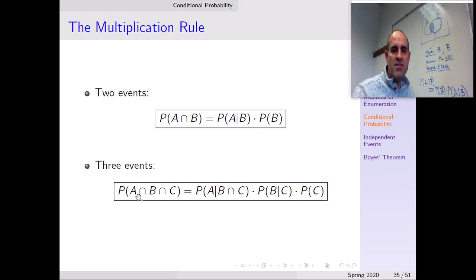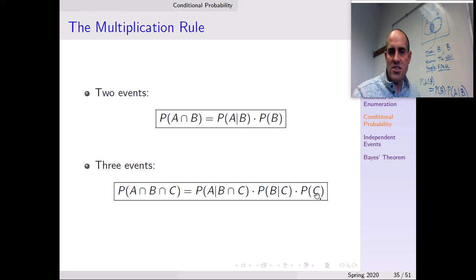What about the probability of A and B and C, the probability of those three events occurring? Well, I can think about them sequentially. Read it right to left, actually, the way this is written. C happens. And how often does that happen?